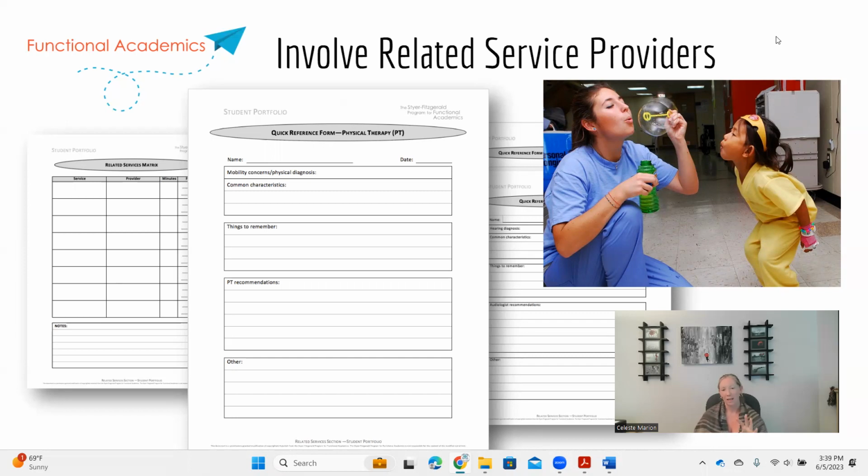So get these forms into the hands of the people who serve the child. Anyone who has skill, expertise, or is providing a service for the student, make sure that their contribution is a part of the student portfolio. It will all help define how the student is being educated, what their goals are, and ultimately what those student outcomes are going to be when running the functional academics program.